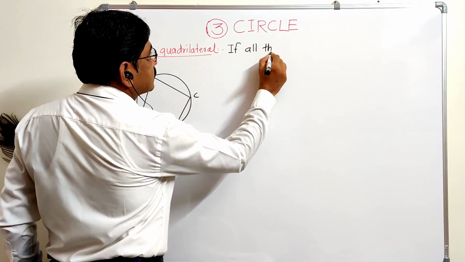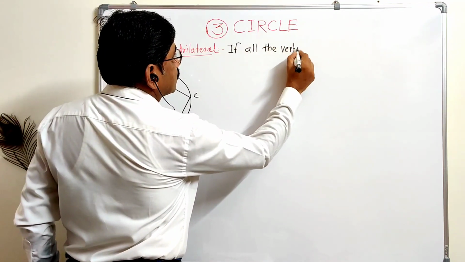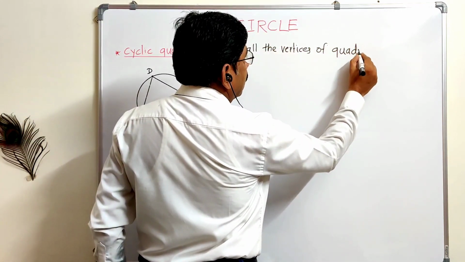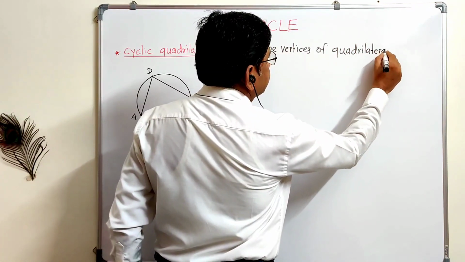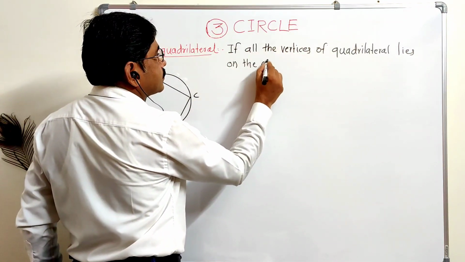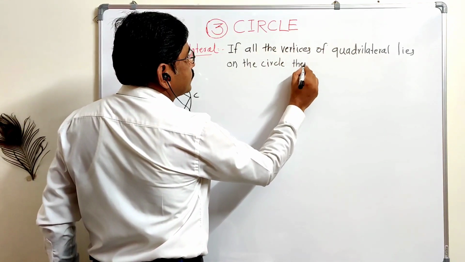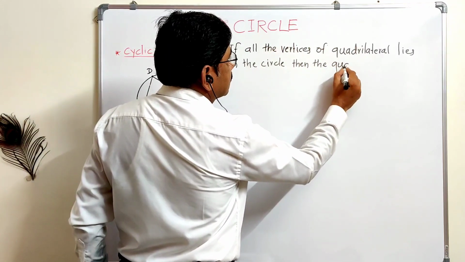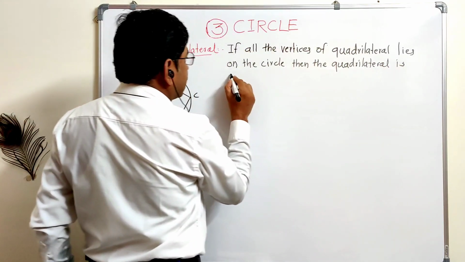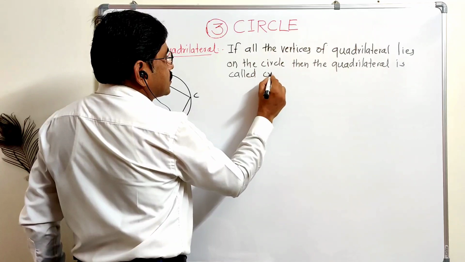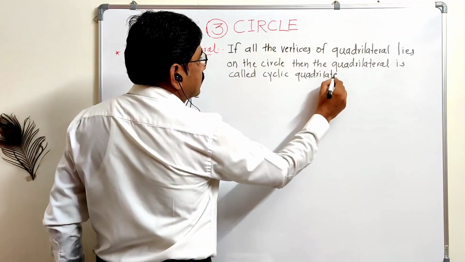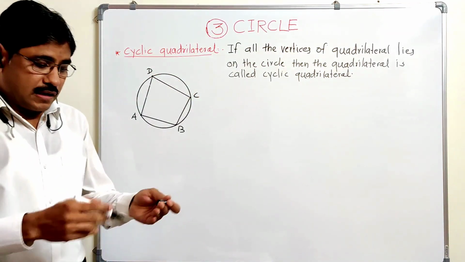all the vertices of a quadrilateral lie on the circle, then the quadrilateral is called a cyclic quadrilateral.